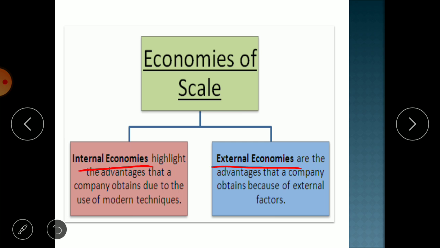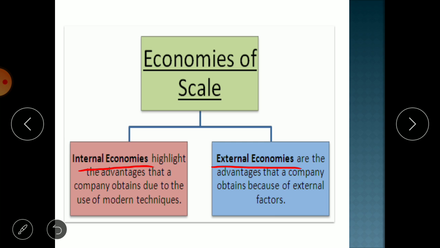I am repeating again. If your cost of production is reducing because of a reason available within the organization, then it is known as internal economies of scale. So, the definition of external will be quite clear.